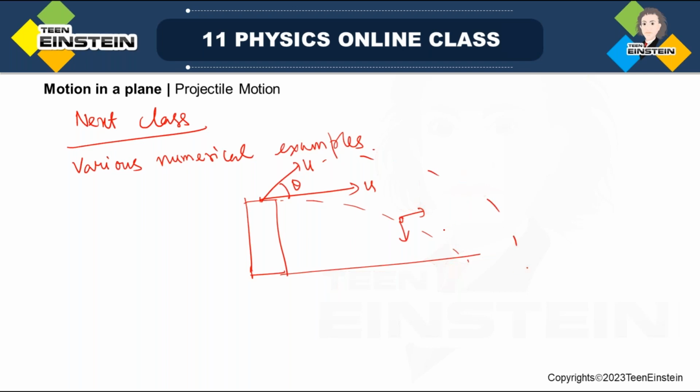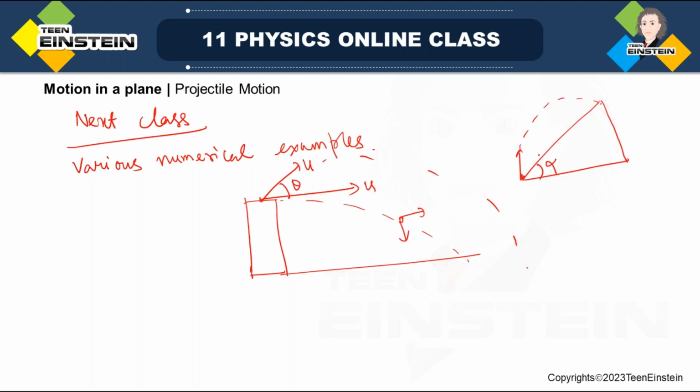And at the same time we will be discussing what happens if the projectile is thrown from an inclined plane which makes an angle alpha with the horizontal.